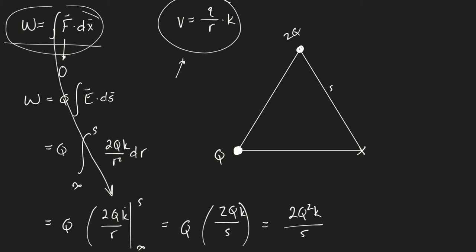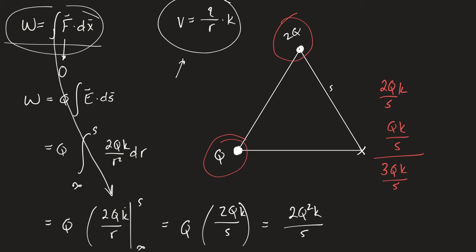I have the electric potential from this charge, which is 2q over s, okay. And the electric potential from this charge, which is just going to be qk over s, which means that at this location, there's an electric potential of 3qk over s. That is the electric potential at that point.